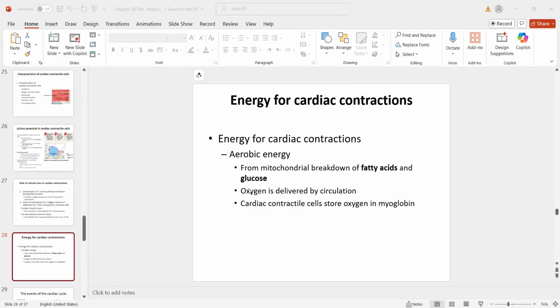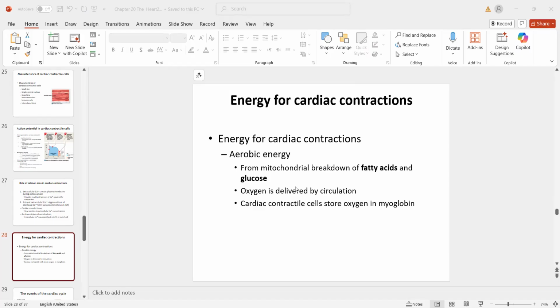While a normal heart is beating, it gets energy as the mitochondria break down fatty acids, stored as lipid droplets, and glucose, stored as glycogen. These aerobic reactions can occur only when oxygen is readily available.